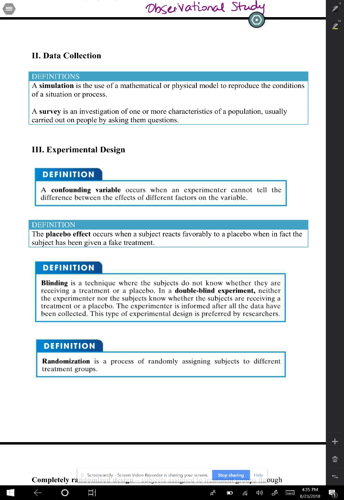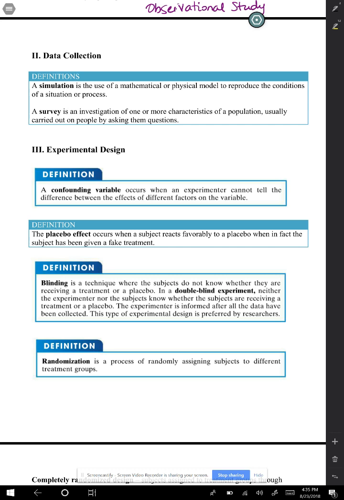They do things like that to see what might happen in a real case. So that's a simulation. A survey is where you're making an investigation simply by typically asking people questions. So you send out a survey or you call people up and you ask them questions, and that's a survey. So those are the two types of data collection you would normally see.